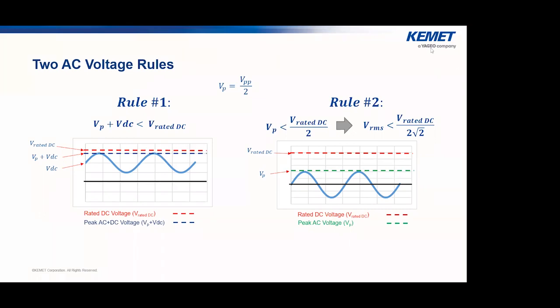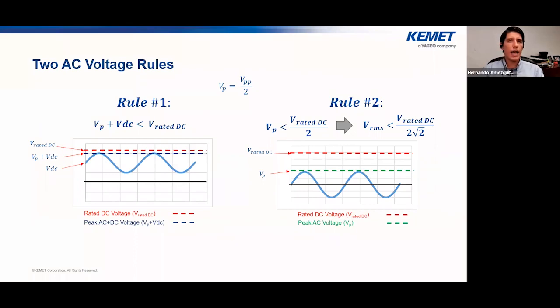Okay, so basically this is what we have seen. This is not something that only we at KEMET use. This is something that we have seen in the industry. Obviously, the gap that you can see from the recommended DC rated voltage is a safe room of operation for the AC voltage that you will be seeing.